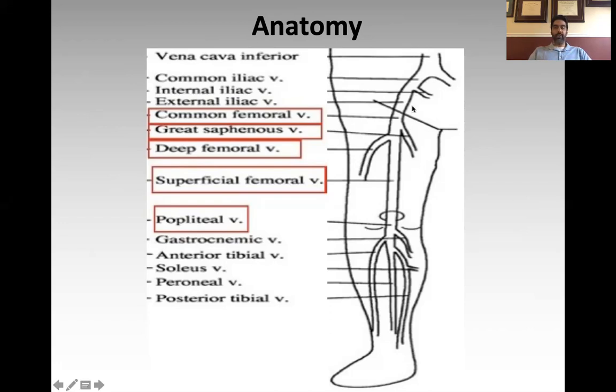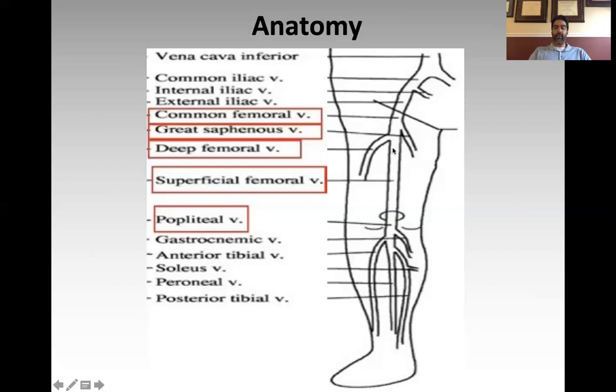From there, you will slide down the common femoral vein. And the next point you want to identify is the bifurcation between the deep femoral vein and the superficial femoral vein. And then you're going to continue marching down the superficial femoral vein, compressing as you go about every 1 to 2 centimeters, looking for clot and looking for compressibility.